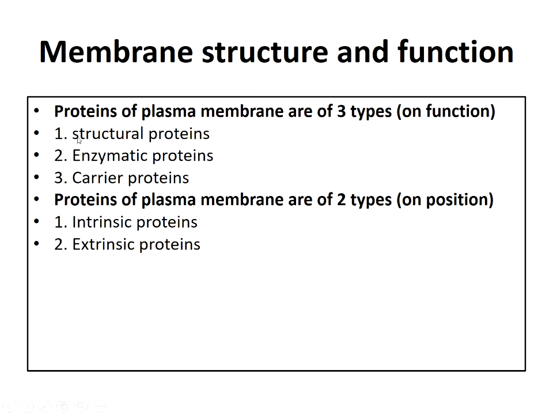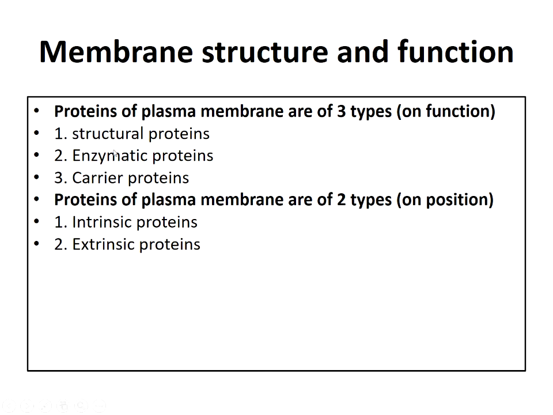Next, the proteins of the plasma membrane are of 3 types based on function. First are the structural proteins. As the name indicates, they are closely associated with the plasma membrane structure. Second are the enzymatic proteins, which have catalytic or enzymatic activity.